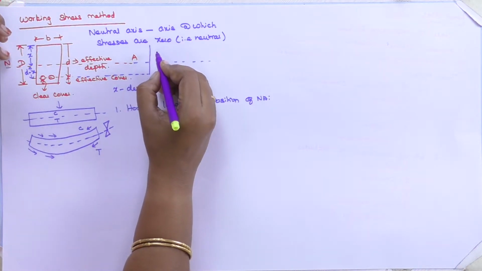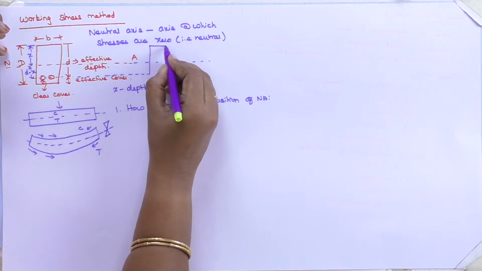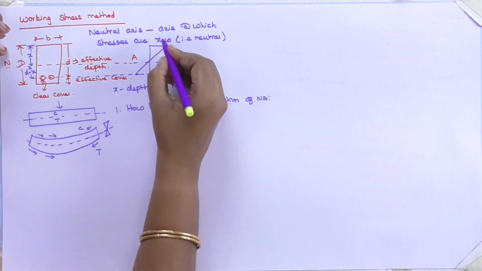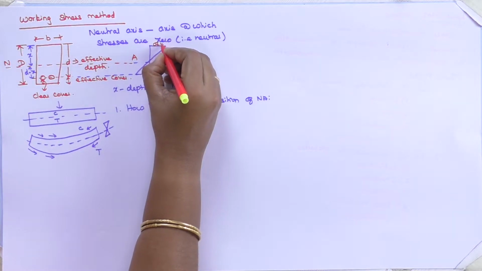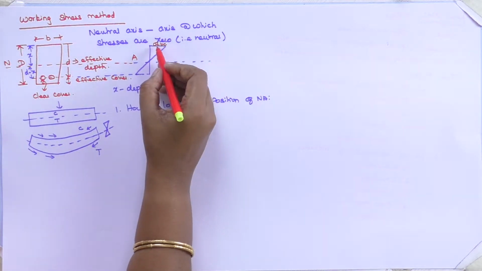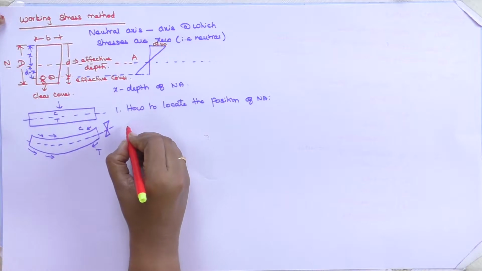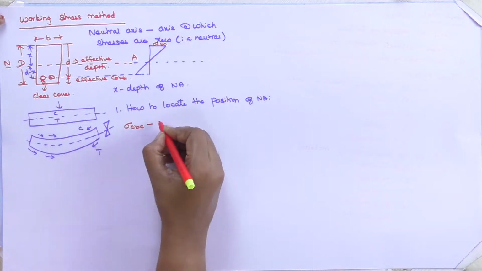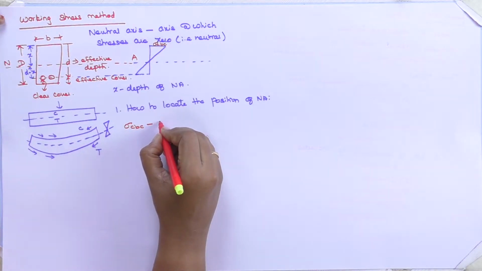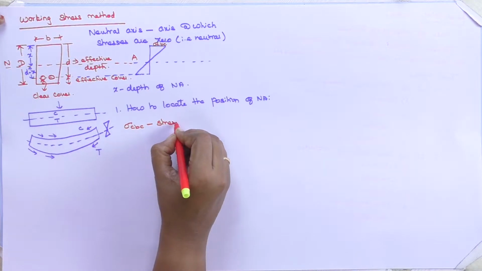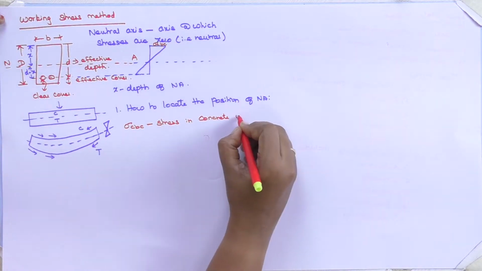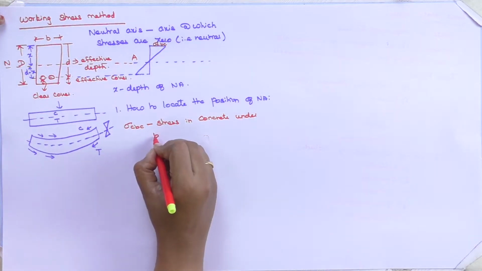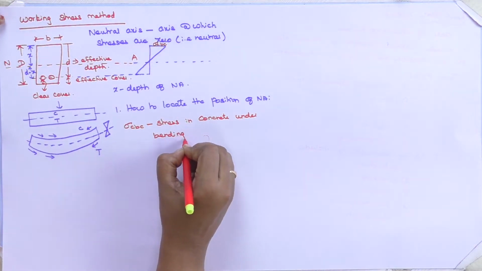Here, this is your sigma CBC. Sigma CBC is nothing but stress in concrete under bending compression.